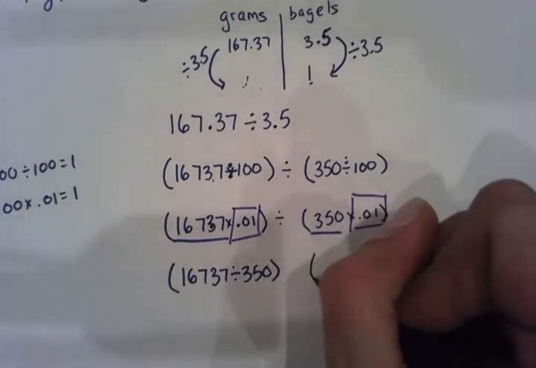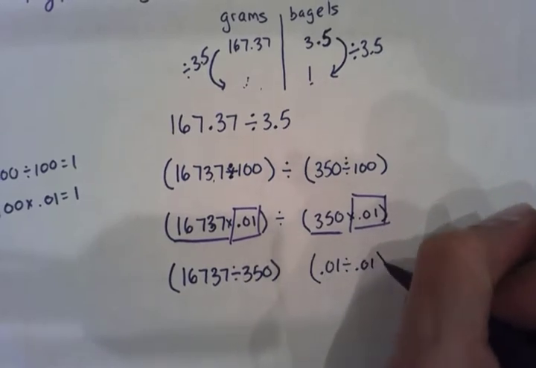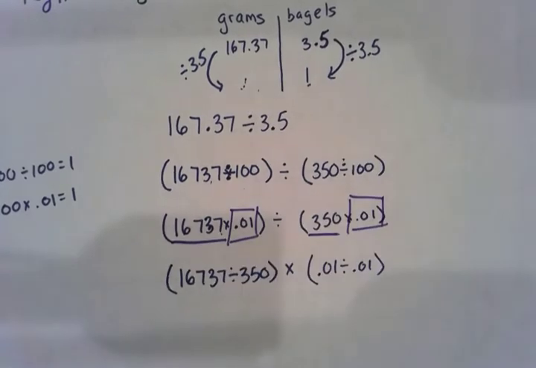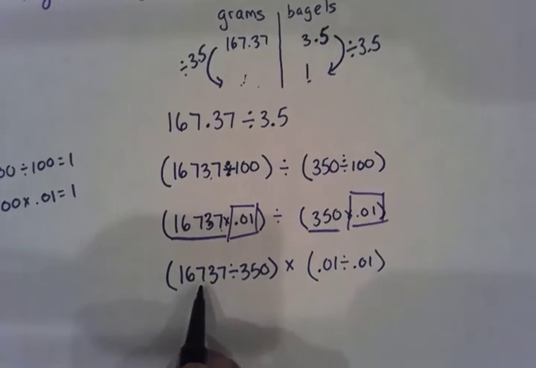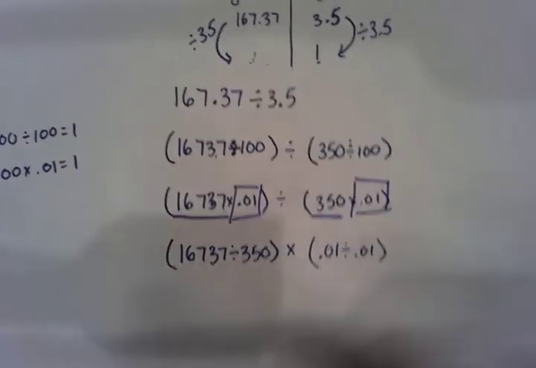So we also are going to have to do 0.01 divided by 0.01. But now we can turn our multiplication signs and multiply these two expressions inside our parentheses instead. So what is 16,737 divided by 350? So let's head over and set it up.